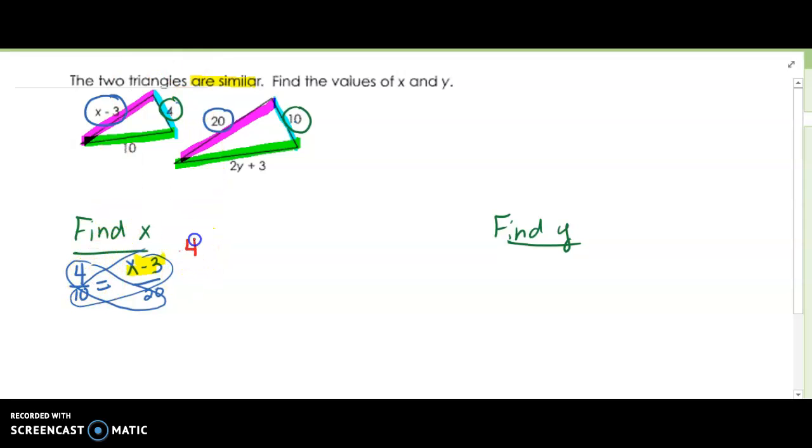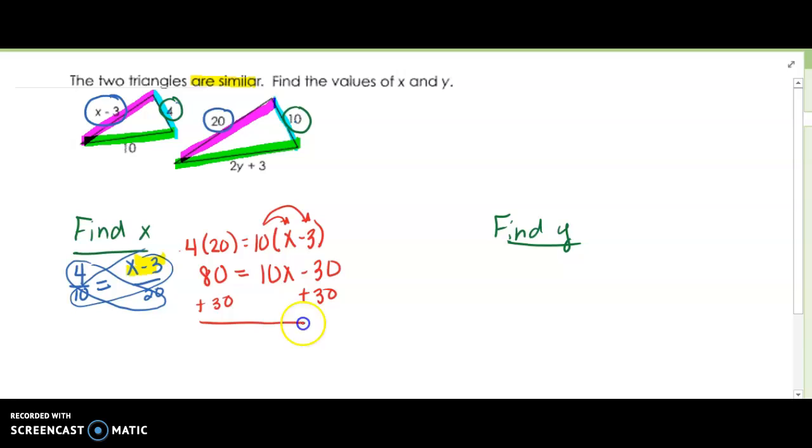So I get 4 times 20 equals 10 times parentheses X minus 3. Because this is in parentheses, we have to distribute. So 4 times 20 is 80 equals 10x minus 30. Add 30 to both sides. I get 110 equals 10x, divide by 10. X then has to equal 11.